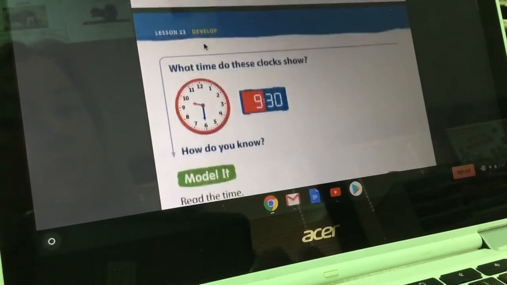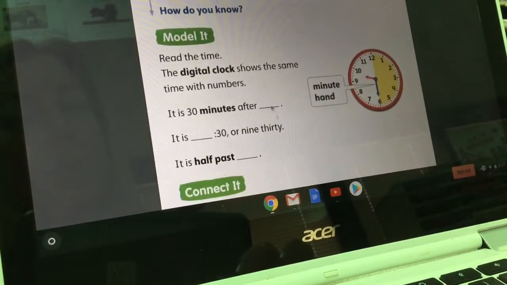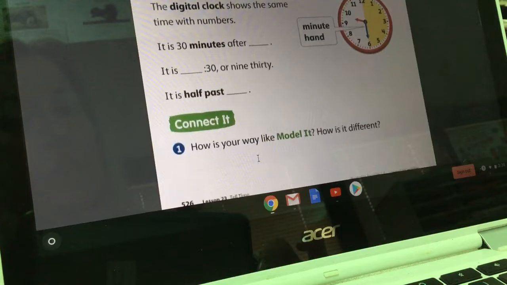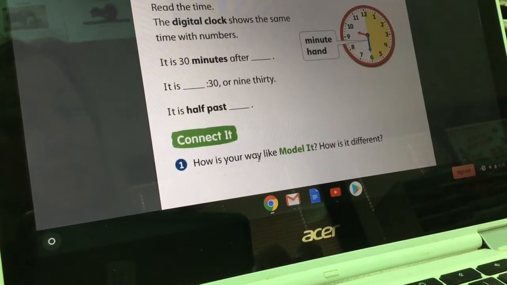Taking a look down here at Model It, we talked about it a lot of different ways, didn't we? We said that this time could be read as 30 minutes after 9, 9:30, like we talked about in Try It, or 9:30. So to answer the question, how is your way like Model It?